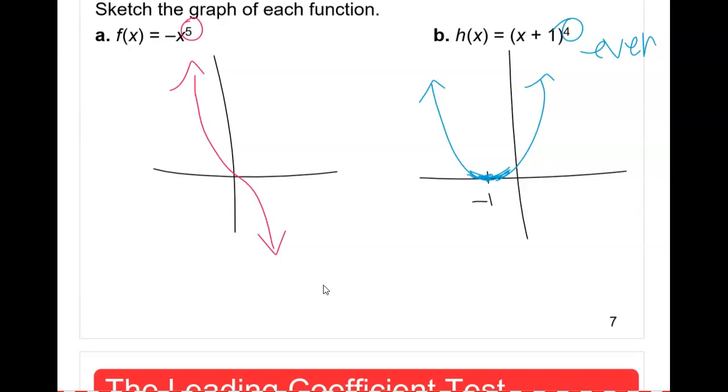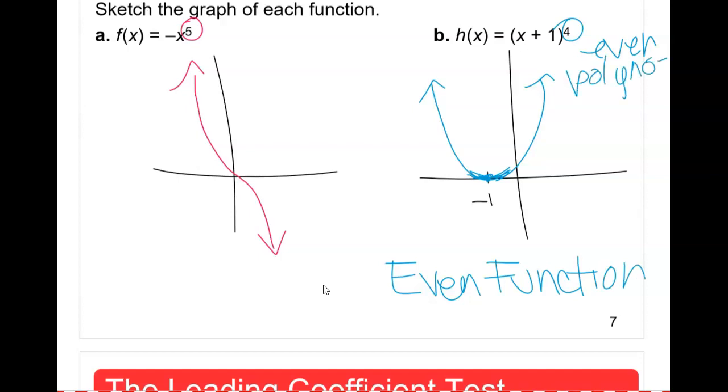Okay, and I don't want you to confuse this with even. There's a thing called even function. And there's a thing called even polynomial. These are not the same because even function applies to any function, not only polynomials, and that's when we substitute -x. And if we get the exact same function, it's an even function.